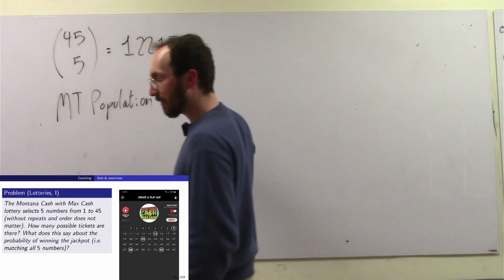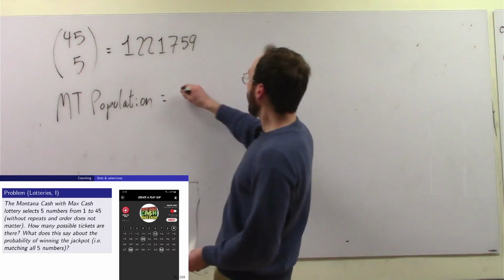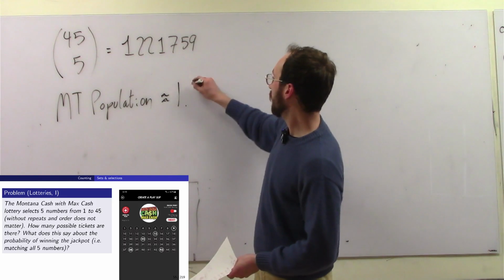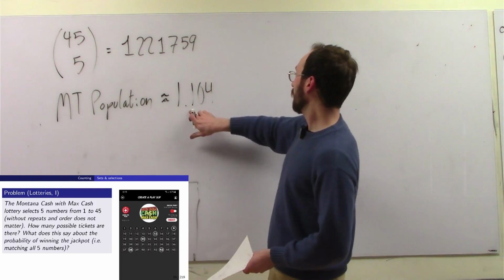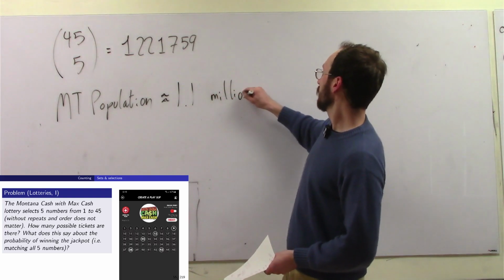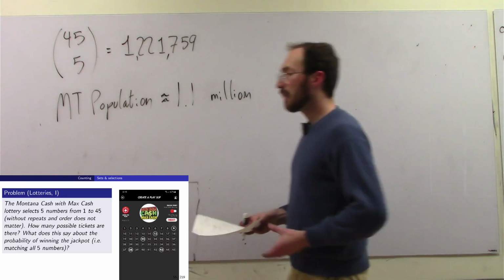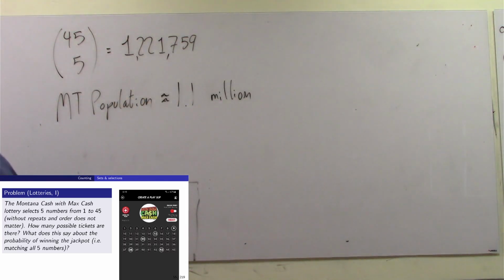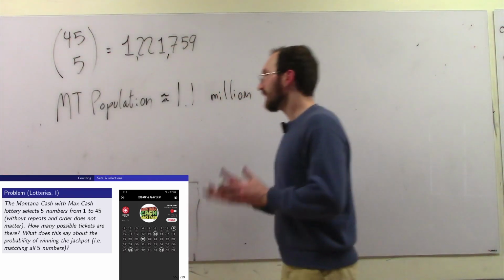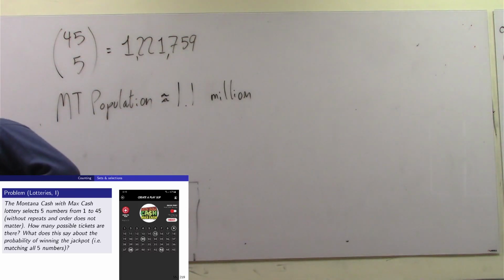The Montana population, at least from the last census, I think, is approximately 1.1 million. So pretty close. Not exactly there, but only 100,000 shy. You know, if some people got 2 tickets, we'd probably get there. Well, we'd definitely get there, which is great. Somebody makes some money. Now, that's wonderful and all. That is for Montana in particular.